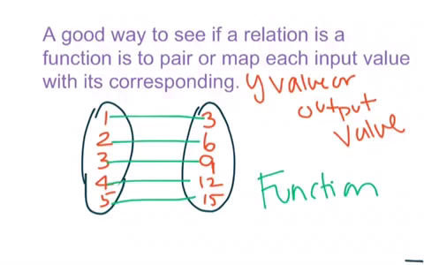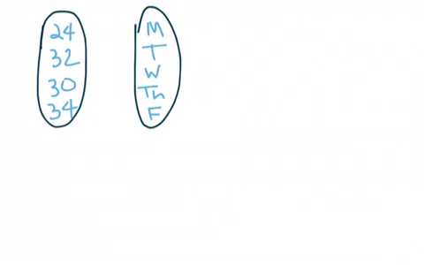Alright. So same thing here. I got this from the blue chart at the top of page 359. Alright, so when you look at that chart of average temp and then the day, 24 does go with Monday. 32 does go with Tuesday. 30, if you look at that chart, is both for Wednesday and for Friday.